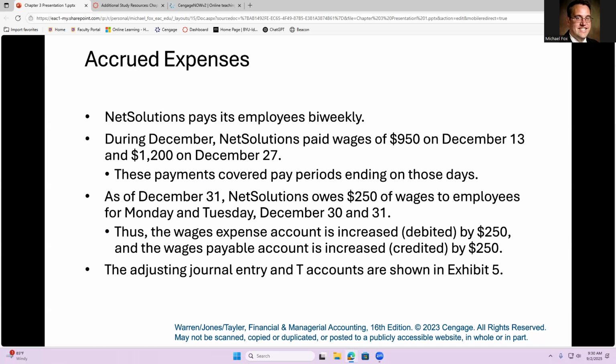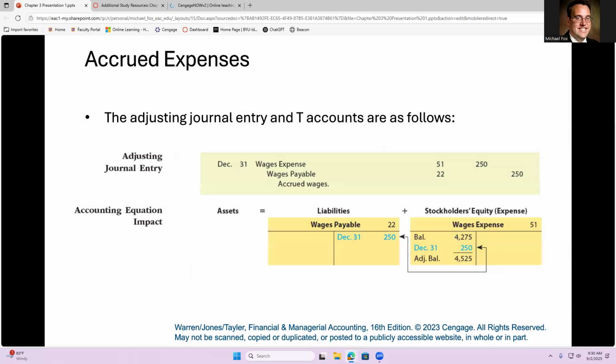So their employees worked, but we haven't paid them yet because we're not going to pay them till the next payday. Our wage expense has increased by $250 and our wages payable increased. So we have to do an adjusting entry to record that. That's what it'll look like. We debit wage expense and we credit wages payable, so the expense goes up by 250 and the payable goes up by 250.